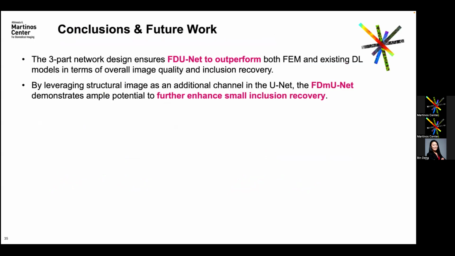So in conclusion, the three-part network enables the FDUNet to outperform the conventional finite element-based method and other deep learning models in terms of overall image quality and inclusion recovery. And by further leveraging the structural image as an additional channel in the UNet, we can further enhance small inclusion recovery.